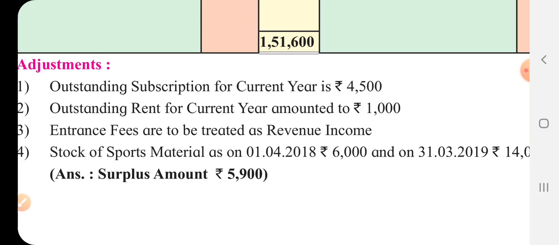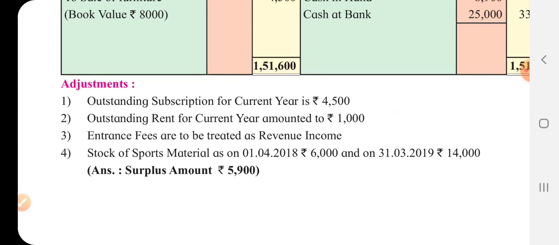Entrance fees are to be treated as revenue income. Okay. We are going to show entrance fees on the credit side of income and expenditure account. And this is the only challenging adjustment here. What is that? Stock of sports material on 1st April 2018.